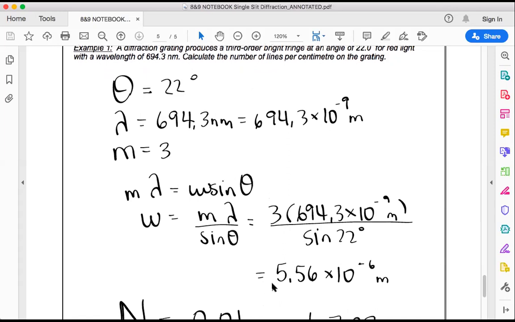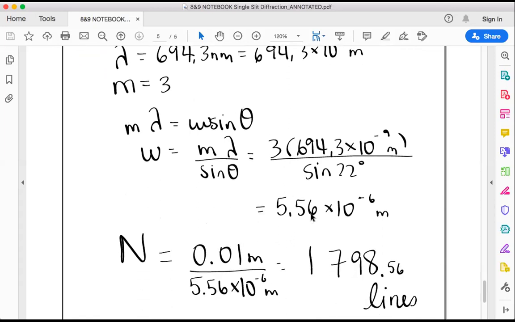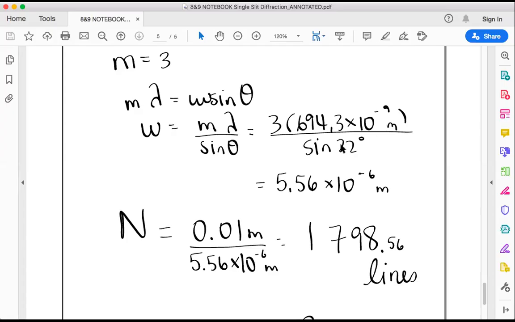W gives us our slit width. Sorry, I think I just said W was slit width, but W is slit spacing.